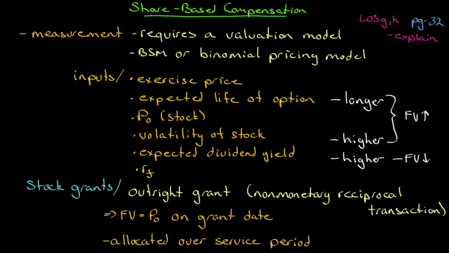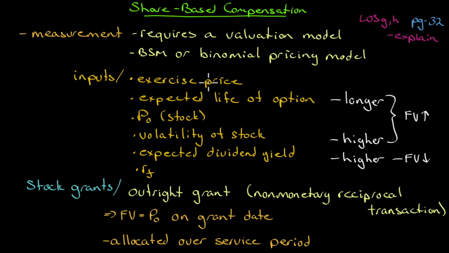So we have recognition. Let's look at measurement for stock options. It should be not surprising at all that it requires a valuation model, either a Black-Scholes-Merton or a binomial pricing model. We don't really need to get into that here, but we have seen these pricing models before, so we should know how to price one of these if we have the right inputs.